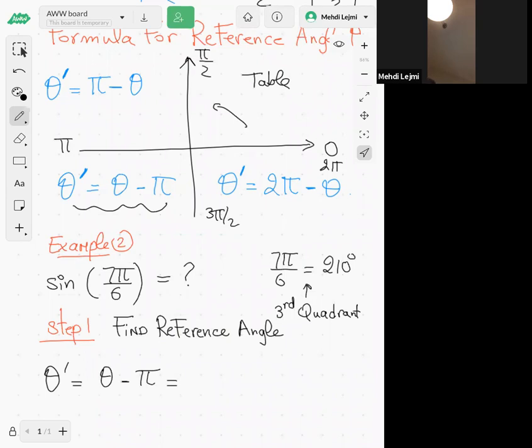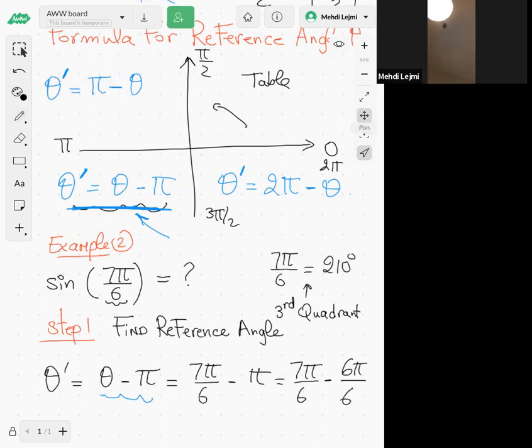Because here the angle is given in radians, theta is my angle, which is 7 pi over 6. So this is 7 pi over 6 minus pi. Again, guys, I use this formula, theta minus pi, because we are in the third quadrant. Of course, you need the common denominator, so that's minus 6 pi over 6.